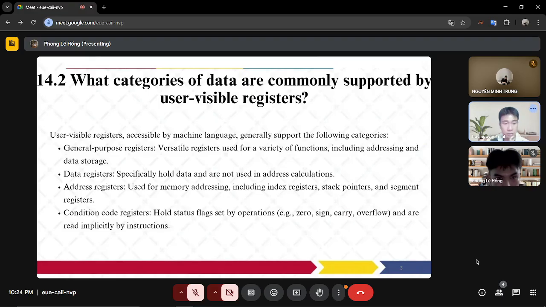Data registers specifically hold data and are not used in address calculation. Address registers are used for memory addressing and include index registers, stack pointers, and segment registers.